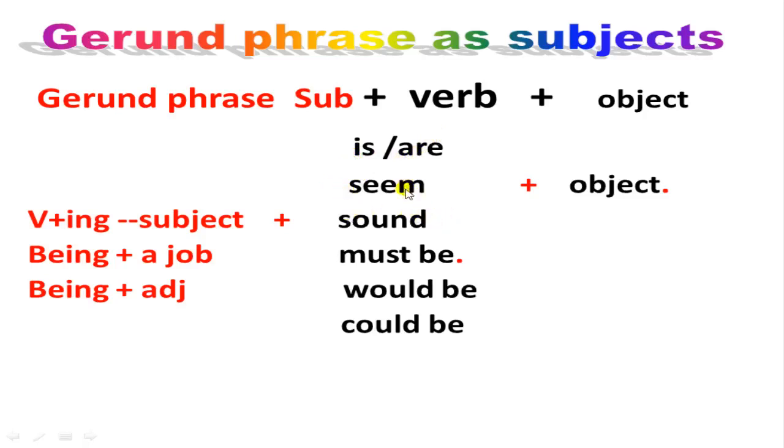Sound here means seem, must be, would be, could be, plus object. So here we'll have verb plus ing, subject, being plus job, being plus adjective, plus the verb is, are, seem, sound, must be, would be, and could be, plus object.